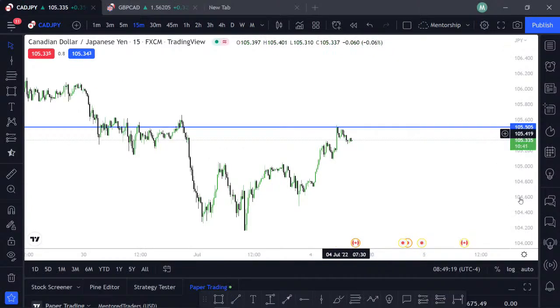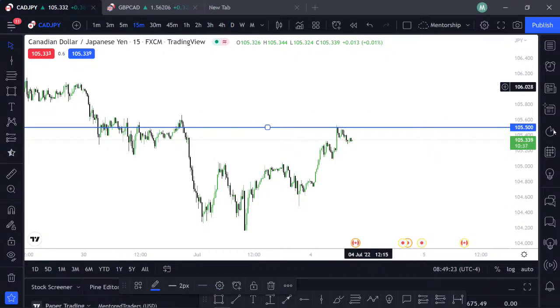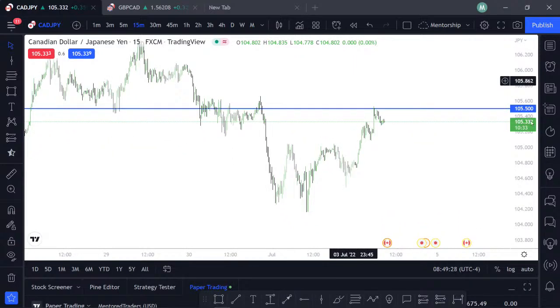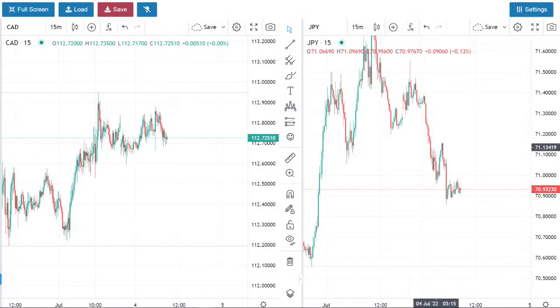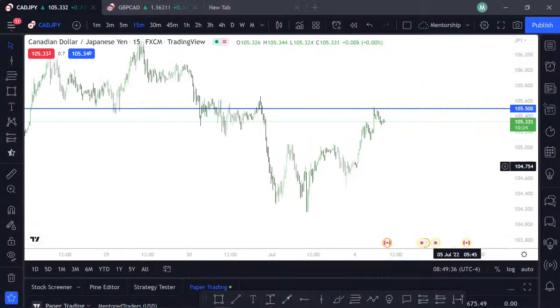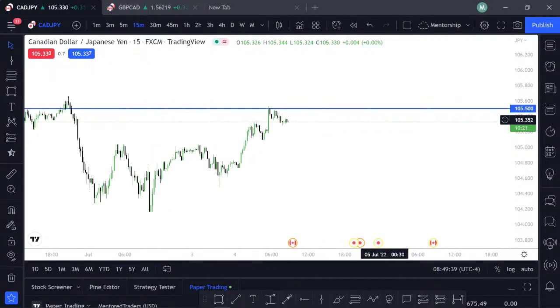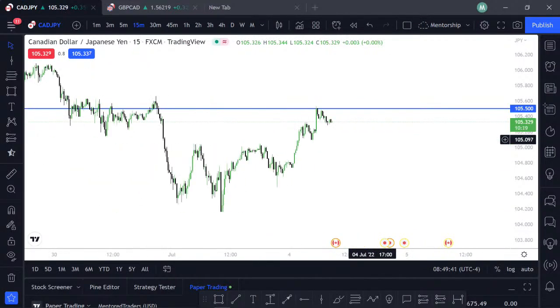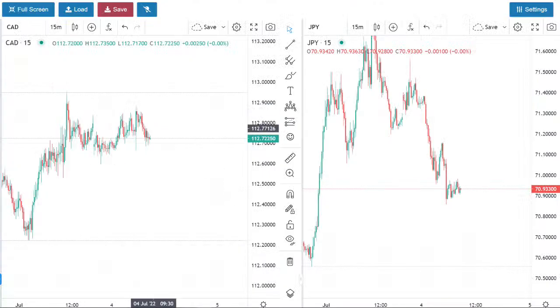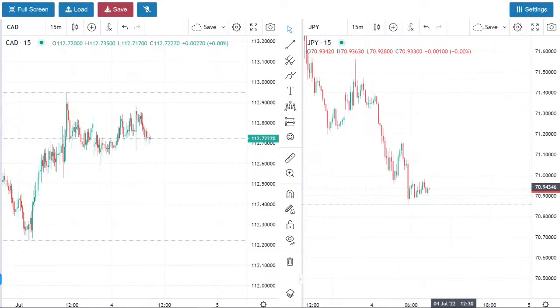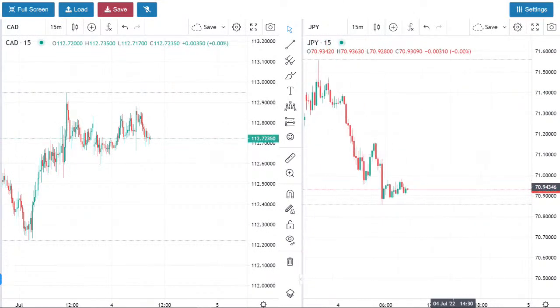I marked the 50 level here, but we should keep waiting. Okay, we should keep watching price. If the Japanese yen keeps dropping, okay, this one will be affected. Okay, and not affected because of a certain consolidation for the last 3 to 4 hours, I think.